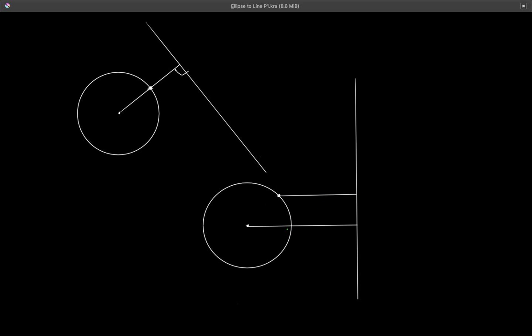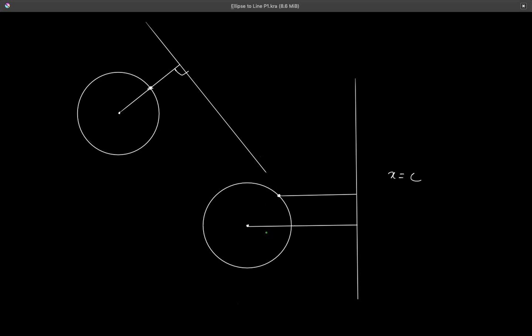Clearly, just looking at this diagram again, it's fairly obvious that this is going to be the closest point to the line that is on the circle. But the way we're going to prove this is, first, let's say that the equation of this line is x equals c for some constant c.